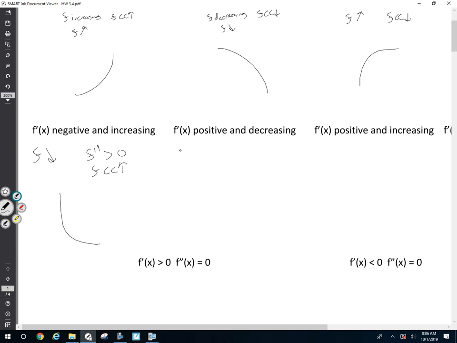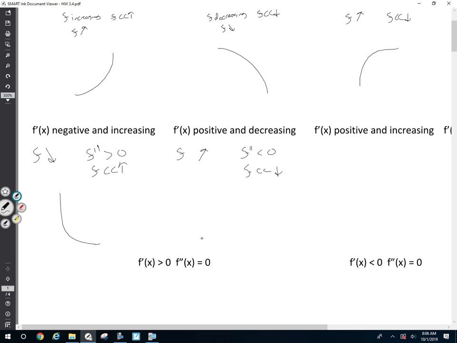f prime positive, that means f is increasing. f prime is decreasing. That means its derivative is negative. That means f is concave down.